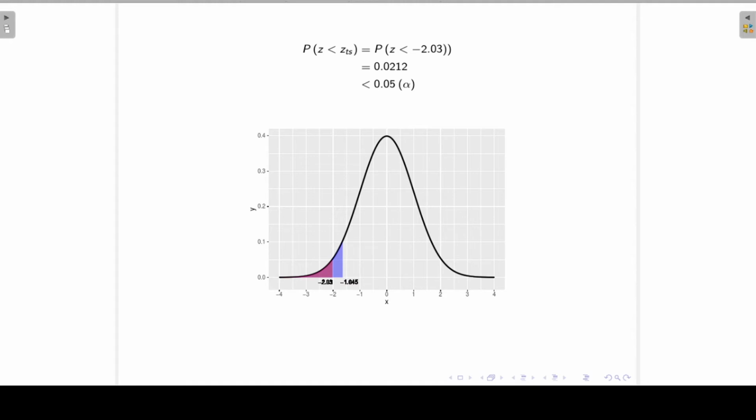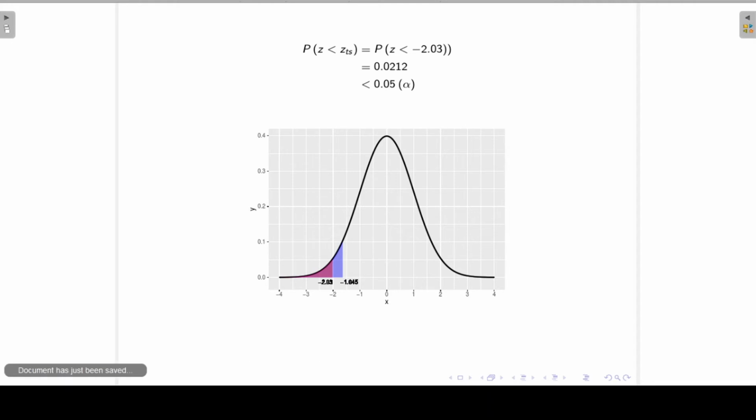And that means that it lies to the left of my critical value. It falls within the rejection region. And this is because I'm working with the area to the left of my test statistic value, because our alternative hypothesis was left-sided.